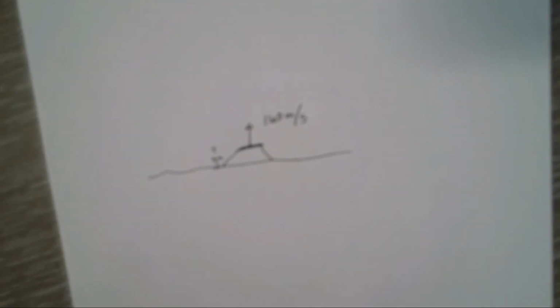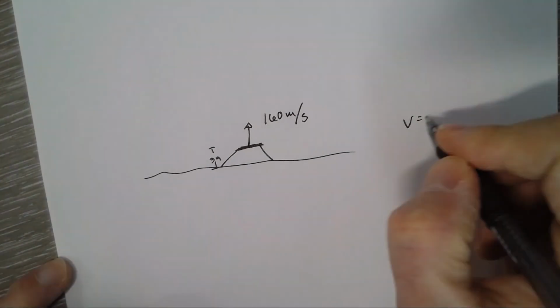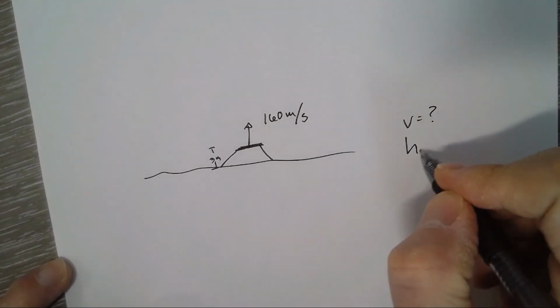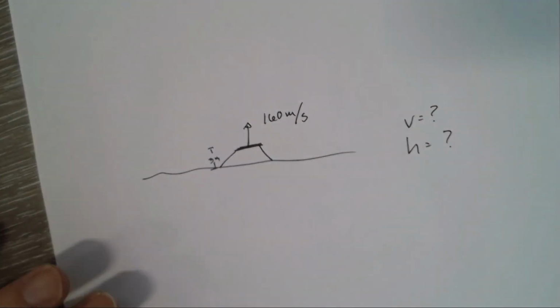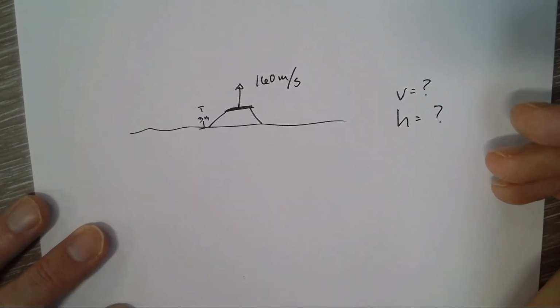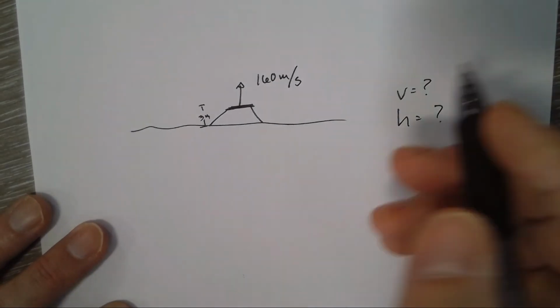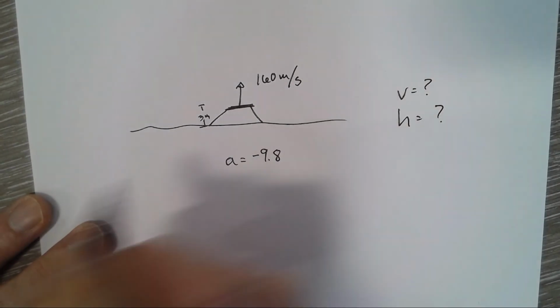Okay, so we want to find the velocity and the height. Height could be s, which is position. Height and position are basically the same thing. Okay, so we know that acceleration of gravity is negative 9.8. It's negative because it's going down.